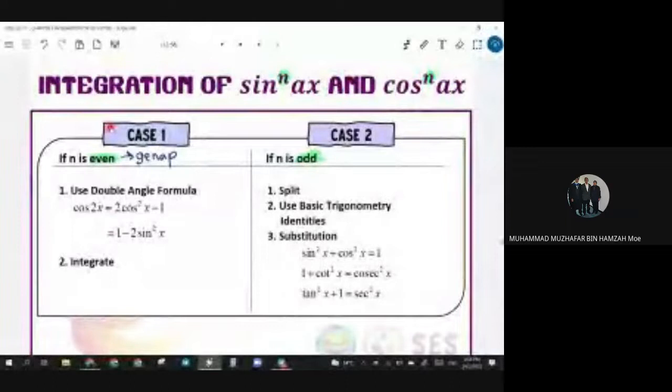Yang sin square, sin cube, cos square, cos cube itu semuanya belum lagi. Okay, so kita sambung dalam next class. Boleh ke semua orang? Boleh, sir.